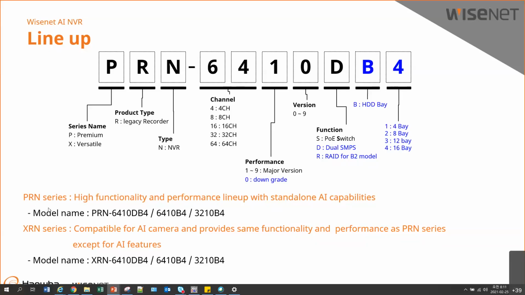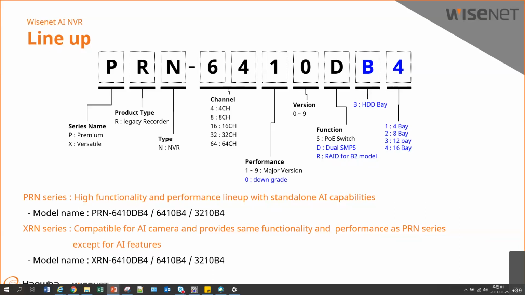The big difference between these two series is that PRN is a complete AI NVR, which has the AI engine. So you can use normal, non-AI cameras for the AI features as well, because the AI algorithm will be in the NVR. You don't have to use AI cameras to use AI functions.